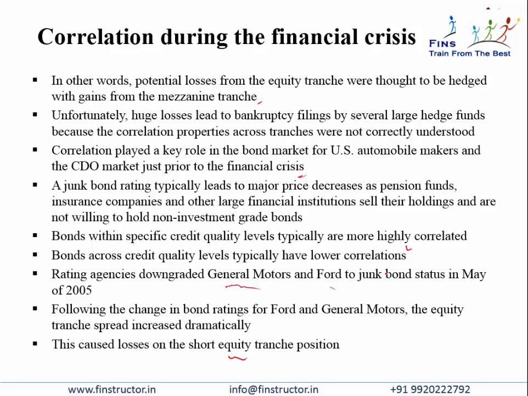So what we essentially found was that even though in general the equity tranches of all bonds should behave similarly, or similar credit qualities were generally highly correlated, what happened after the downgrade of General Motors and Ford was that within the equity tranches the spreads increased dramatically.